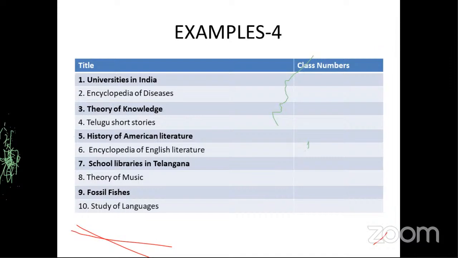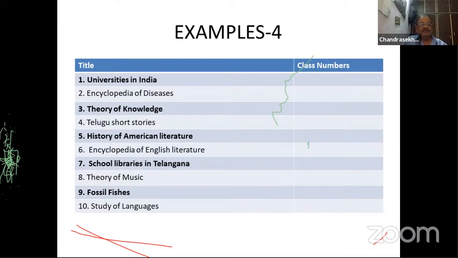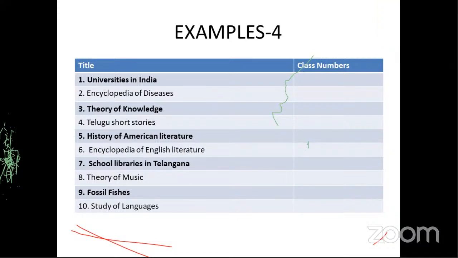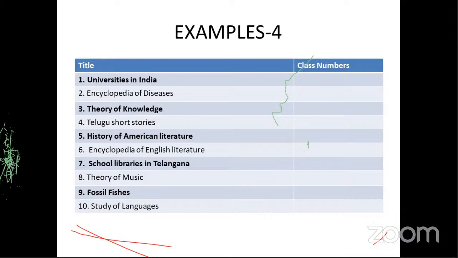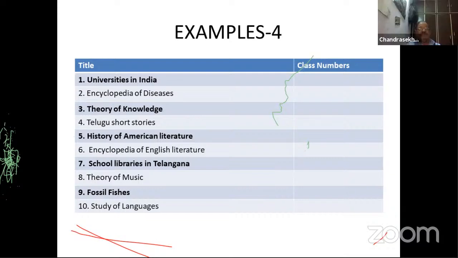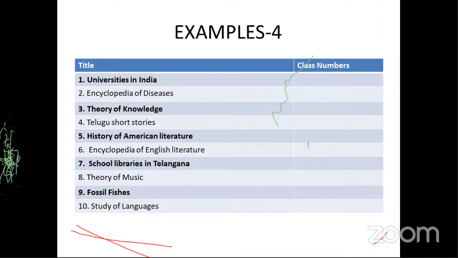Then the next title, encyclopedia of diseases. What is the subject? Diseases. 616, sir. Medicine, yes sir. 610 is medicine.